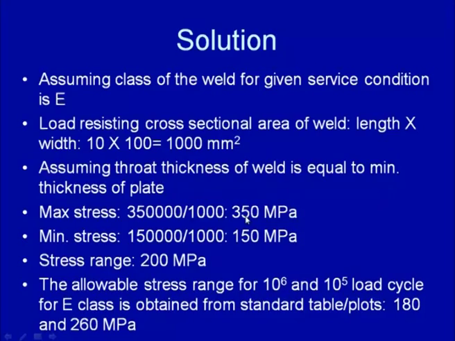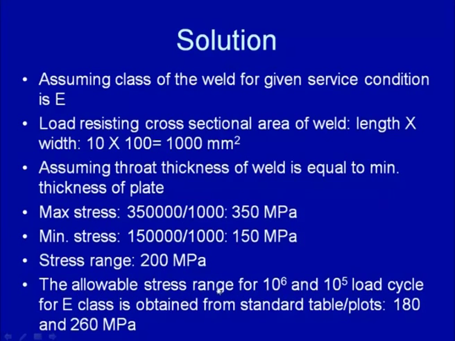So, it gives us 350 MPa, and the minimum stress corresponds to 150 MPa, and the allowable stress range for the E class of the weld can be obtained. Allowable stress range comes out to be 200 MPa. So here the stress range corresponding to these conditions is 200 MPa.